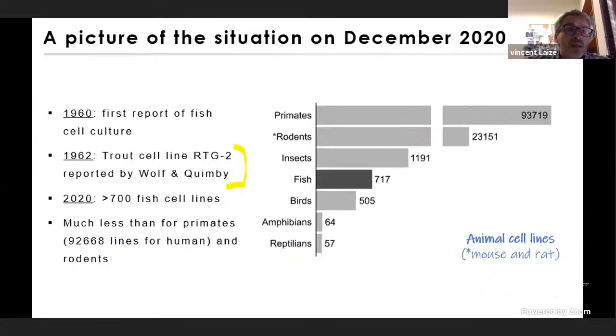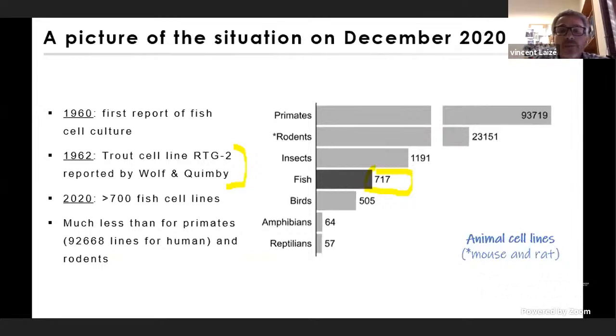So today, in 2020, some few months back, there are more than 700 fish cell lines that have been developed. Exactly 717, that's the number of fish cell lines available from the Cellosaurus database. They have been developed from a wide range of species and tissues, and I will talk more about this in the next slides.